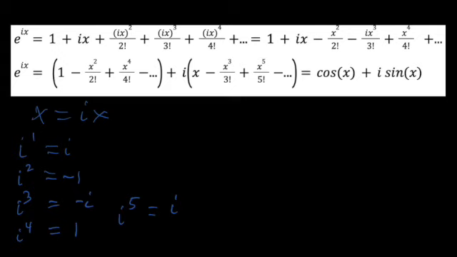So what this means is that when we plug in ix to these values, you end up, in this case, with i, -1, -i, 1. And then if you factor out all the terms that are real and all the terms that are imaginary, and then compare them to the Taylor series expansions for cosine and for sine, you end up being able to say that cosine of x plus i sine of x is equal to e to the ix.